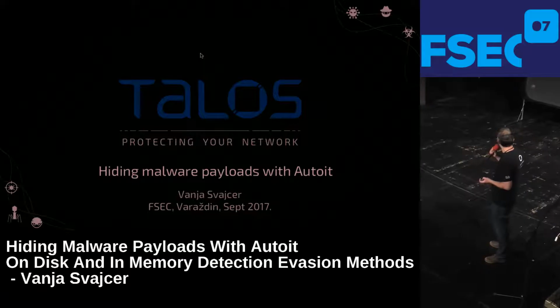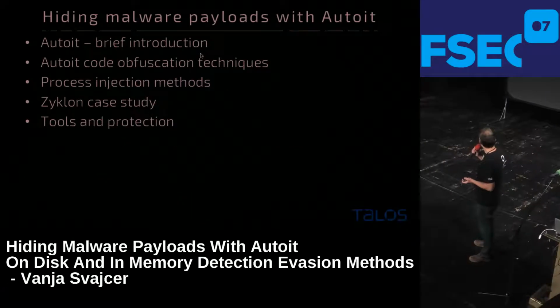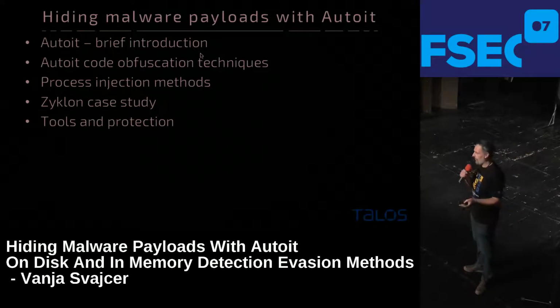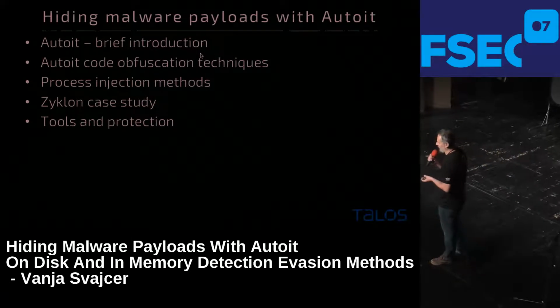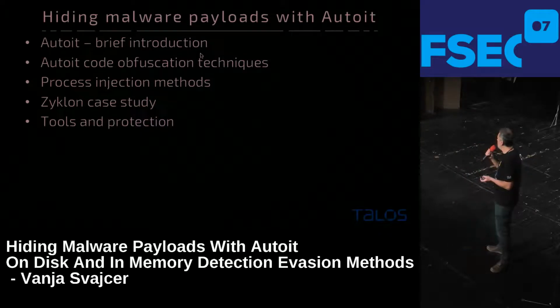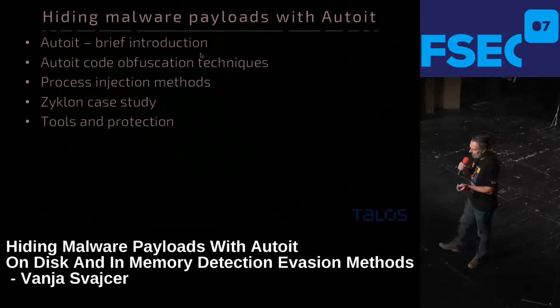So what are we going to cover today? We'll go into a brief introduction of what the Autoit language is, and then the general idea of how we can obfuscate Autoit code, or how malware writers try to do it. Then we'll talk about classic process injection methods, which are required by scripting malware to actually launch a PE payload in the end.